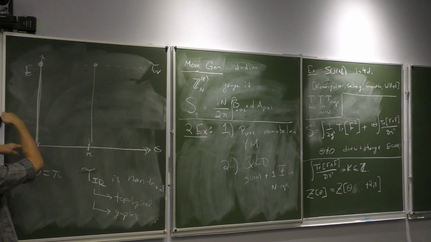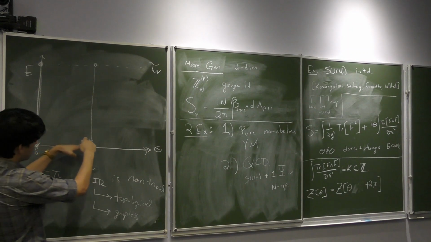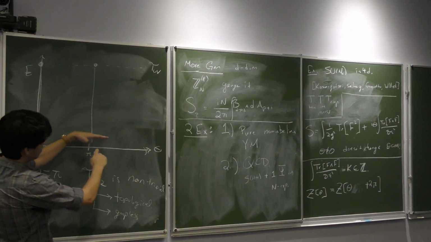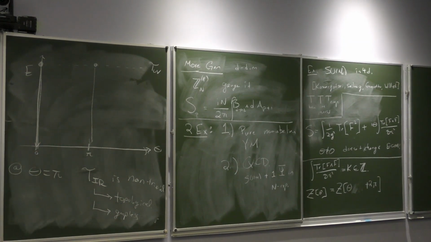The idea is that there are two states with a mass gap between them. As you change theta, the gap becomes smaller and smaller, and then at theta equal to pi, they're exactly degenerate, and then they switch which one is the vacuum. That's what's thought to happen in super Yang-Mills theory.